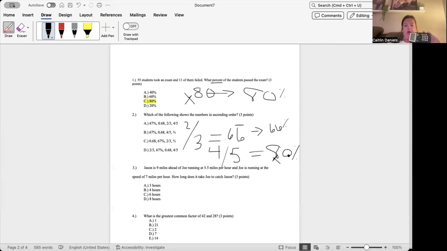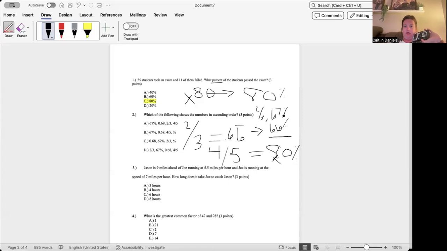So it should go as follows. 2/3 equals 66%. So 2/3 is the lowest. And then our next number that we have is 67%.